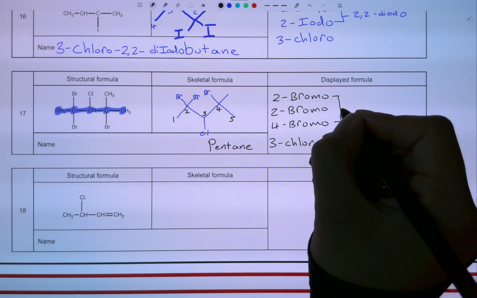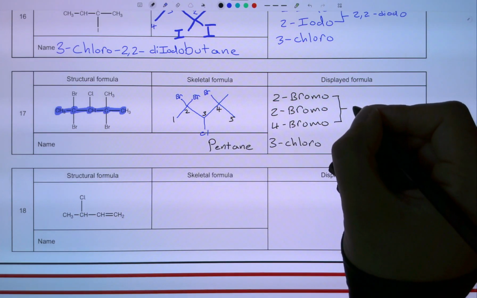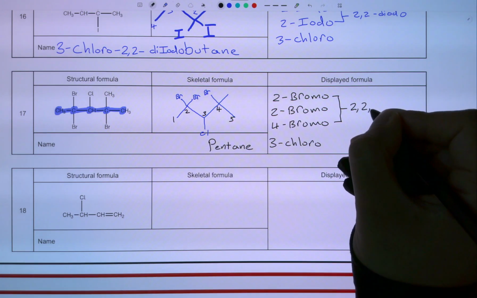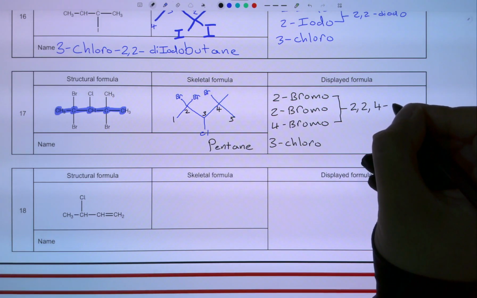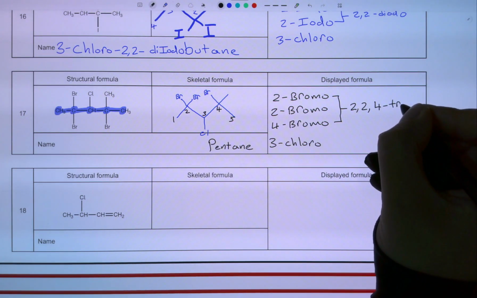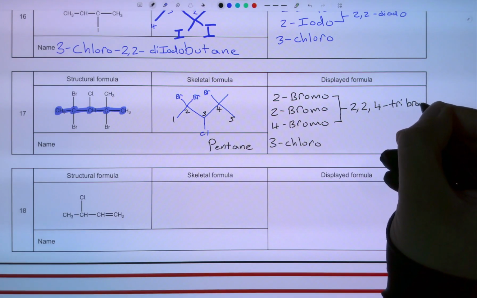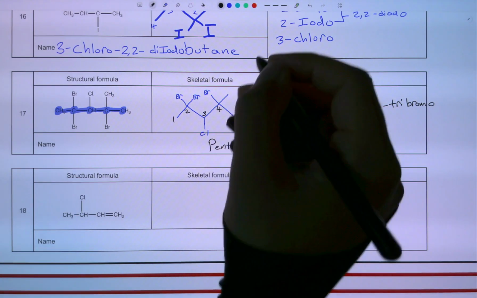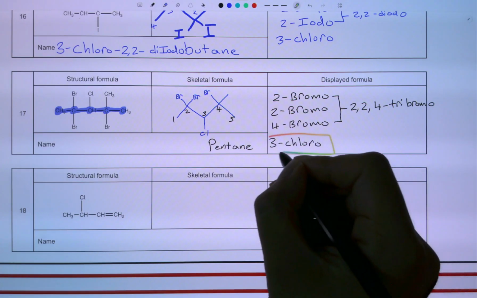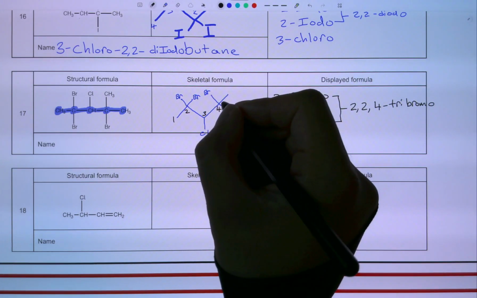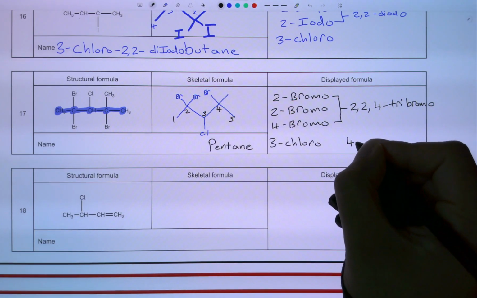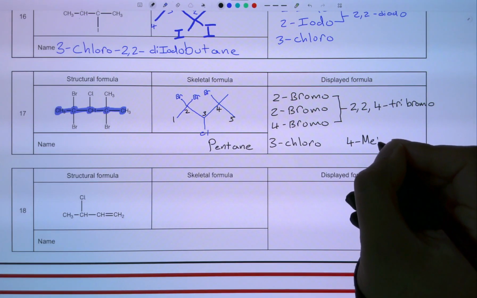These bromos would combine to give us the name 2,2,4-tribromo. And the 3-chloro stays as 3-chloro. We also have a side chain at 4, so we also have 4-methyl.